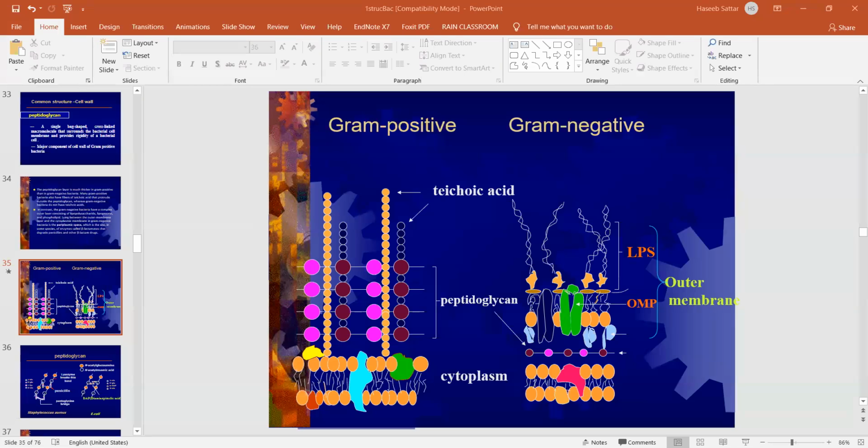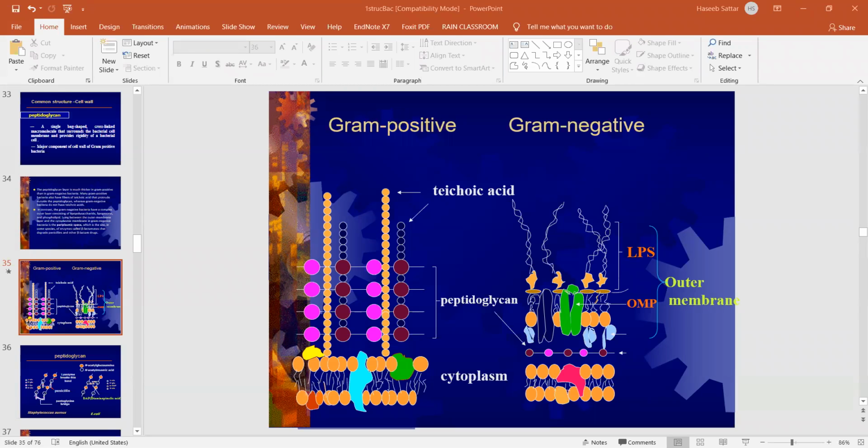So the outermost membrane of the gram negative bacteria is what produces endotoxin. And remember this, the outermost membrane of a gram negative bacteria is also used for identification in labs.